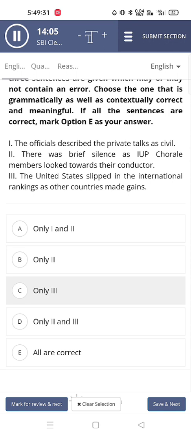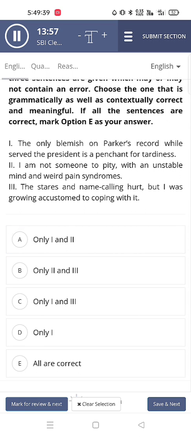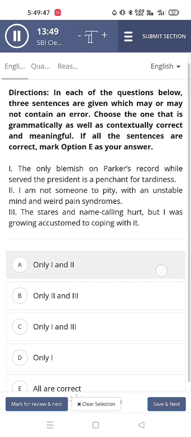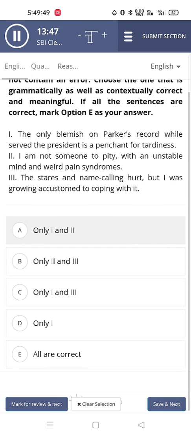I think first and second should be right, because here slipped in the international ranking as other countries had made gains, I think. The only blemish on Parker's record while serving, so there is error in first. I am not someone to pity with an unstable mind and weird pain syndromes.